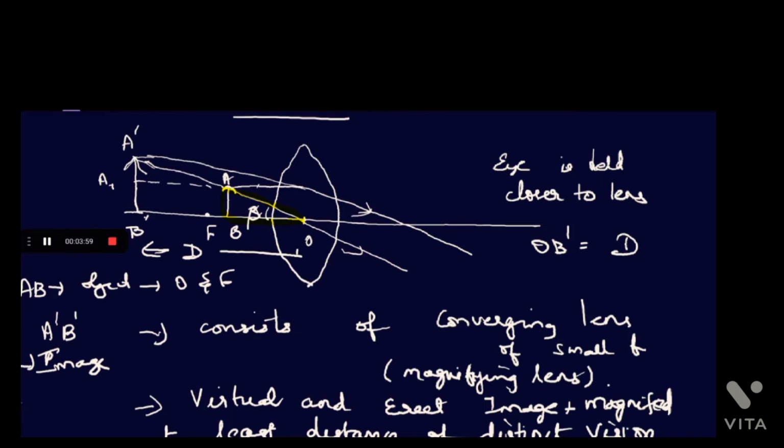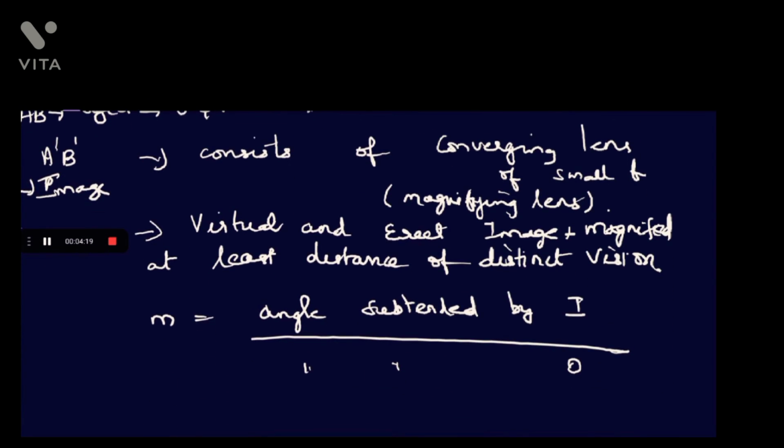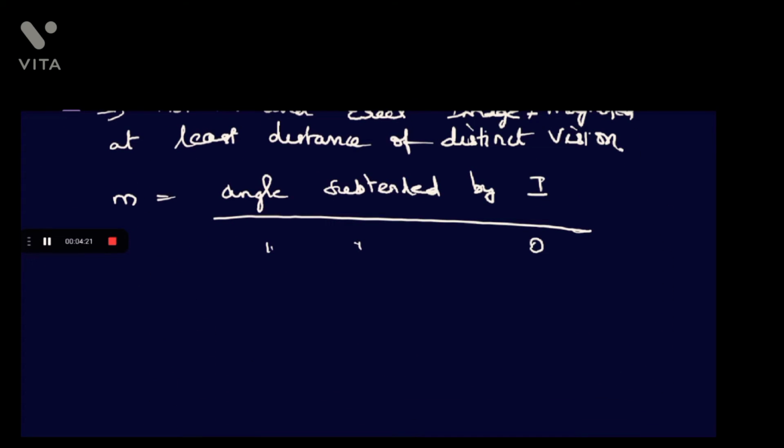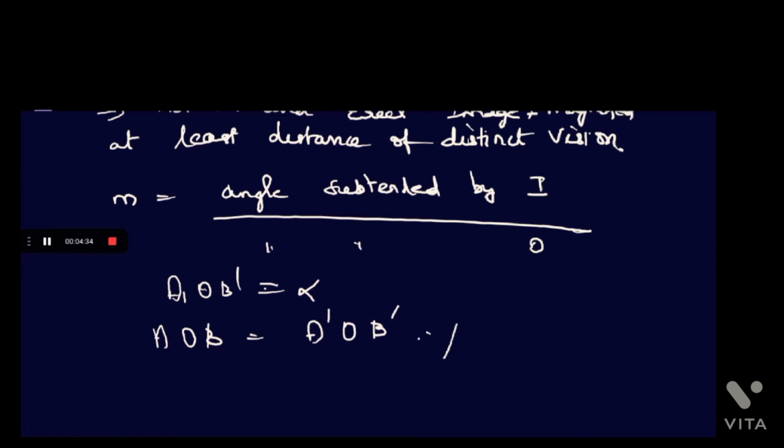So we can compare this A1. If you draw the line to the optic center, that angle will be alpha. So with respect to the same reference line, that is your A dash OB dash, which is beta, image formation, the angle is beta, and object is A1 OB dash, which will be alpha. So now we can write those angles such that A1 OB dash is equal to alpha, and AOB, which is equivalent to A dash OB dash, is equal to beta.